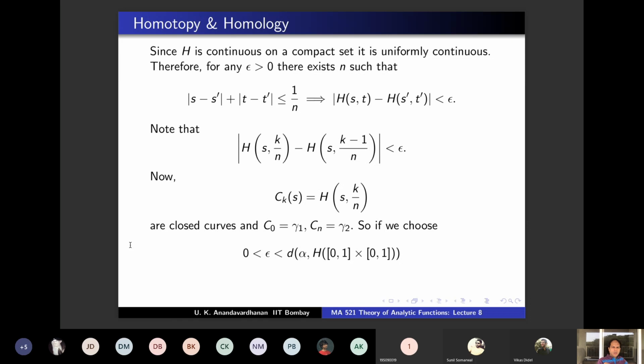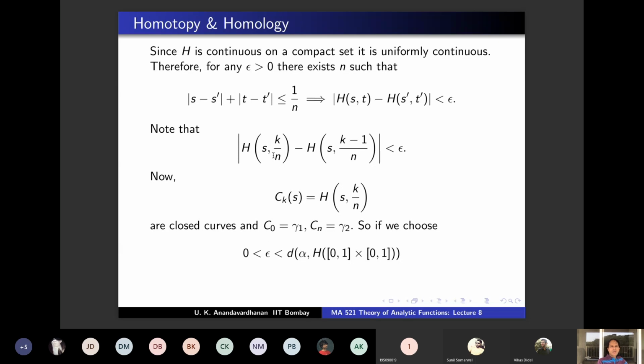Then you notice that this is modulus of ck minus ck minus 1 at s, which is less than epsilon, and the distance from alpha to any curve ck is bigger than epsilon.